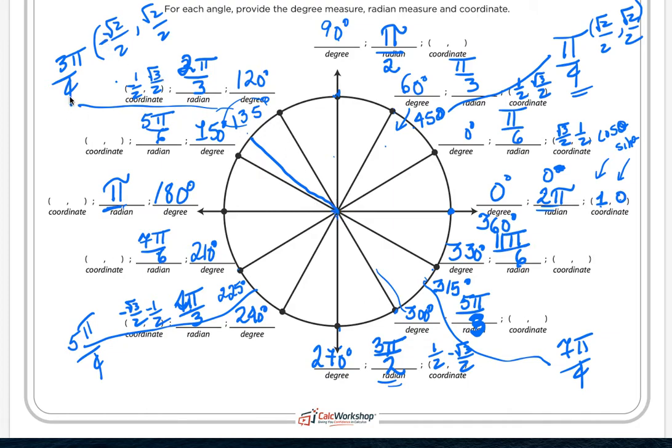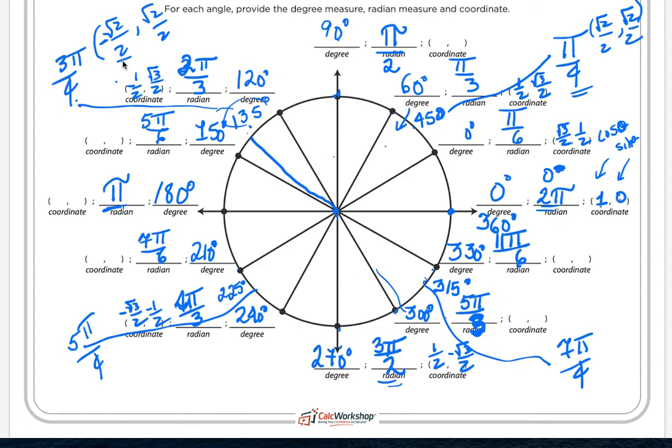So if you were to do the cosine of 135 degrees in your calculator, it will be equivalent to the negative square root of 2 over 2. And if you did it in radians, in radian mode, you'd have to say cosine 3 times pi divided by 4, and you would end up with the same thing. The cosine is negative square root of 2 over 2.